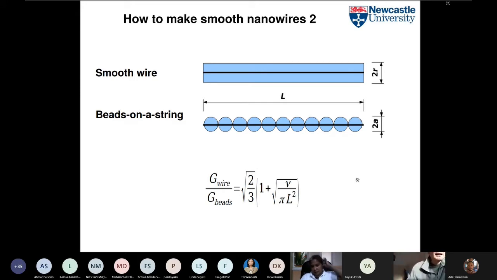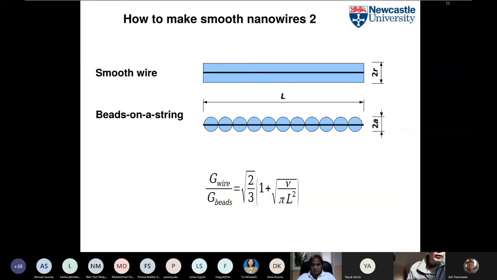So what we've calculated so far is the situation on the bottom where we have a series of particles attached to the template, but you can also ask which of these two situations, a completely smooth cylinder encasing the DNA or the series of particles, is the lowest energy state. And it turns out that the completely smooth coating is the lowest energy state as long as you keep the volume of material sufficiently small per unit length of template.